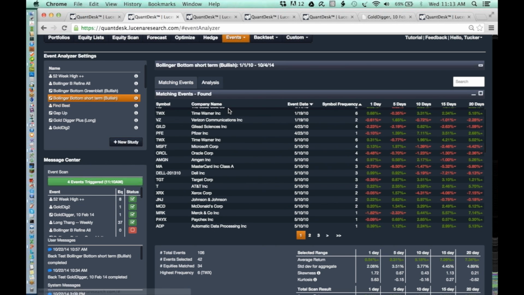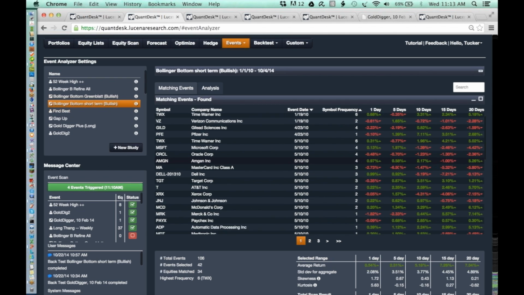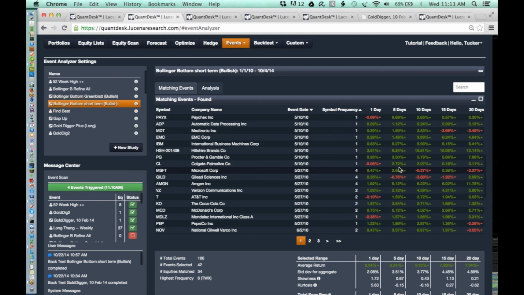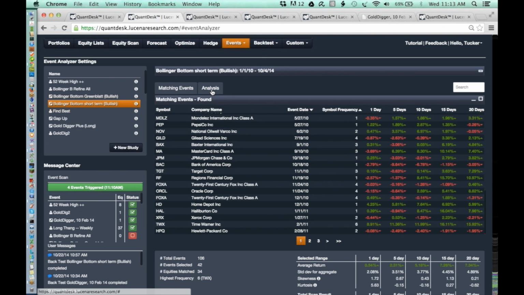So here are examples. For instance, Coca-Cola on January 11, 2010, an event was triggered, and then you can see what happened to the prices after that event. So you can see there's lots of green here, indicating that frequently stock prices went up.